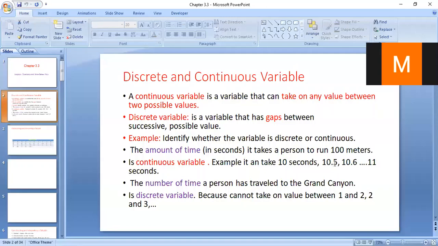You can take 11.1, 11.2, 11.5, 11.6. So you call it a continuous variable.